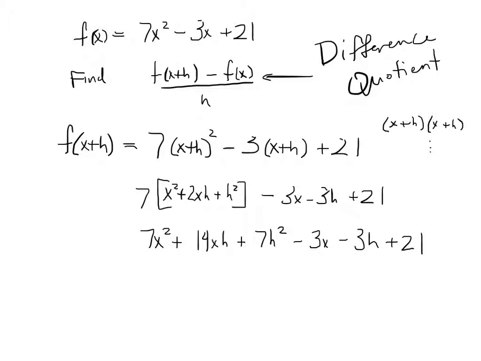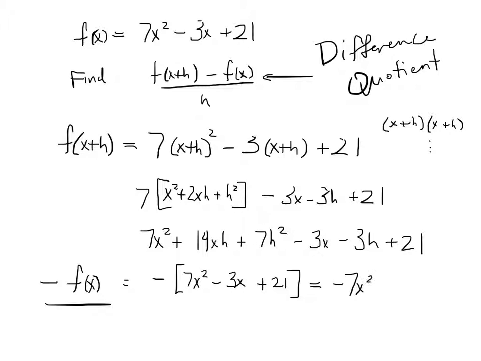Now, let's organize the minus f of x. So, minus f of x minus 7x squared minus 3x plus 21. Okay.